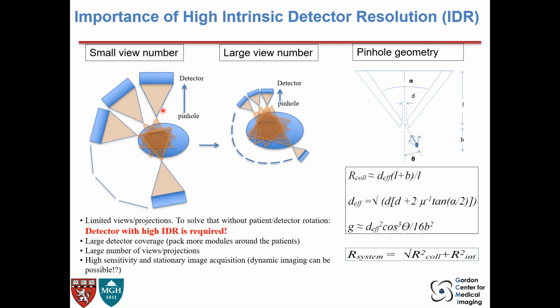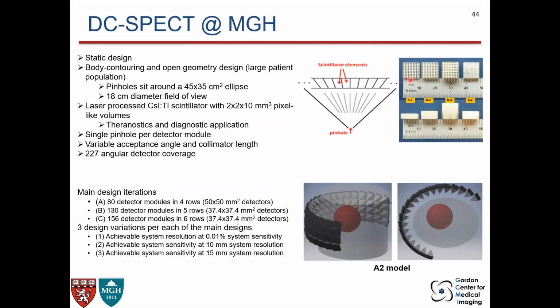But that means you have to have a better detector with higher intrinsic detector resolution, right? So that means you have to have technology that can make things smaller and at low cost. So that's what is going on at MGH, and we have been doing this using laser processed detectors to improve the intrinsic detector resolution at low cost, because the process is completely automated.